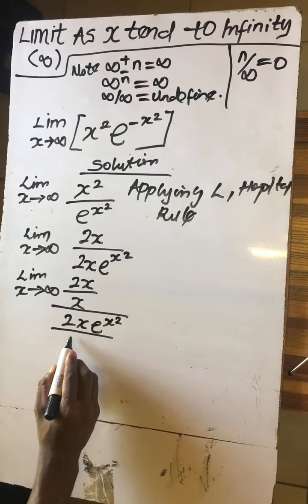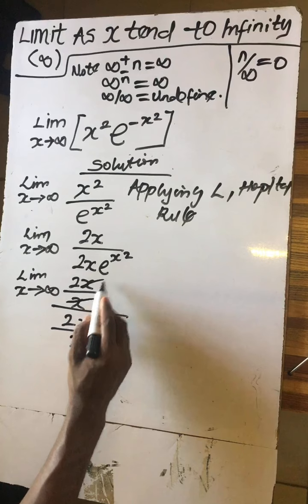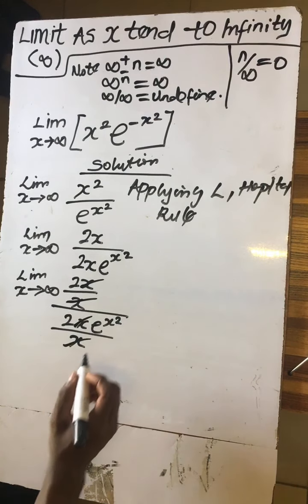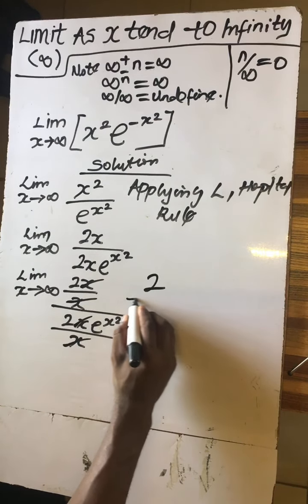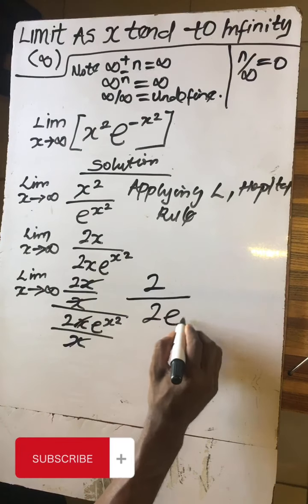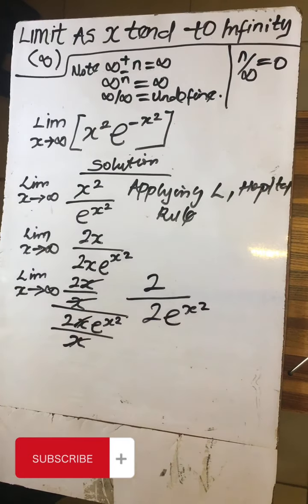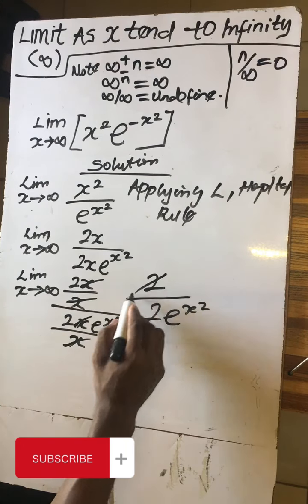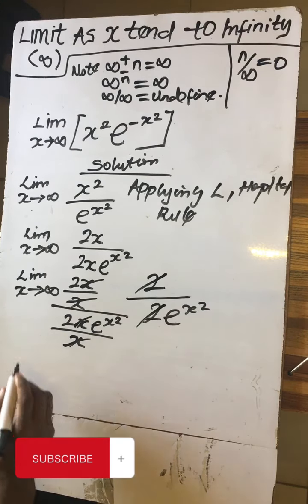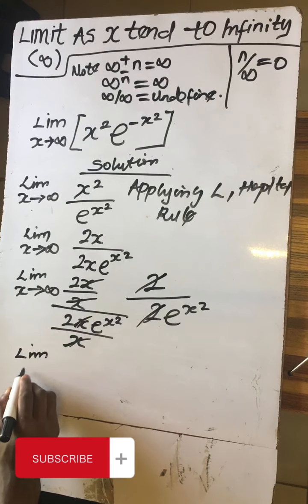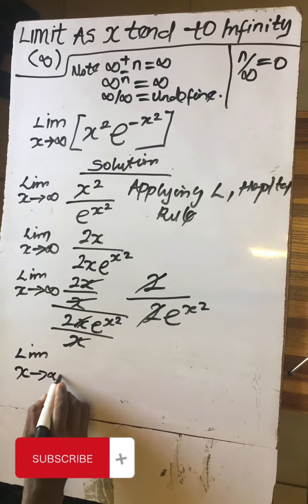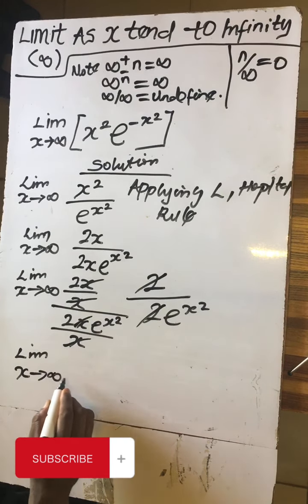So here we just cancel out the common terms. So here we have 2 divided by 2 exponential x to the power of 2, so we can cancel out our 2. So we have the limit as x tends to infinity of 1 over exponential x to the power of 2.